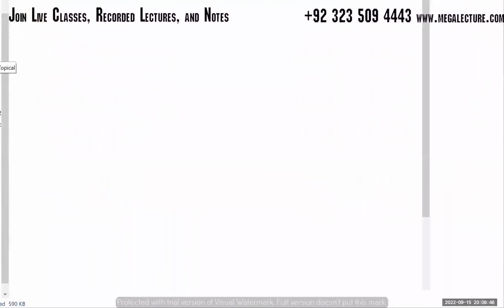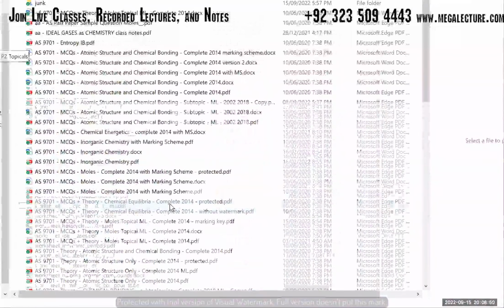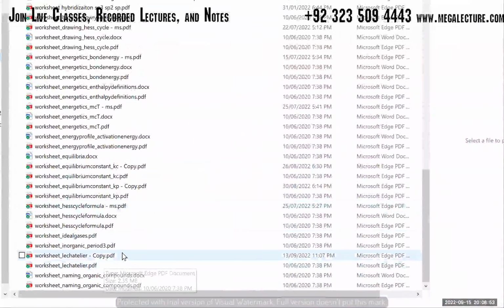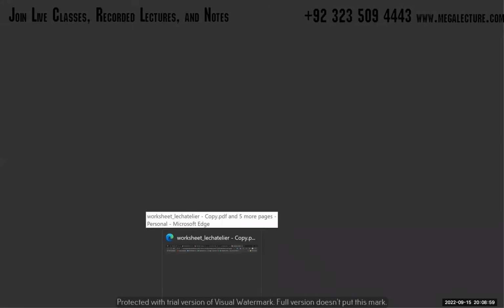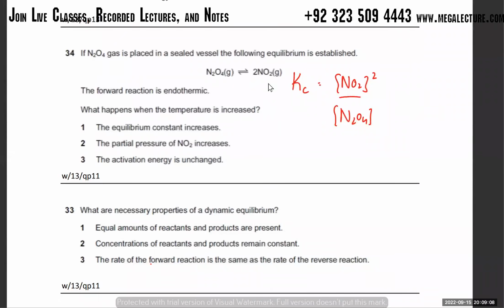Where? Okay, the old worksheet, the Le Chatelier's principle worksheet. For example, I want to, so this one we did some questions.